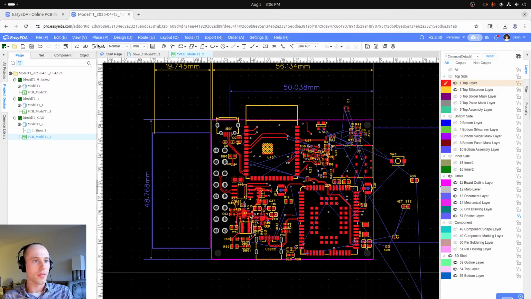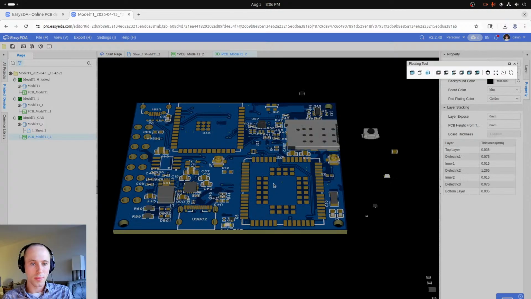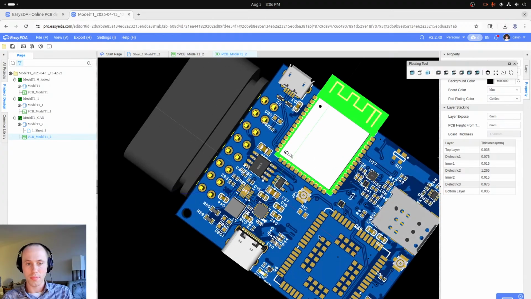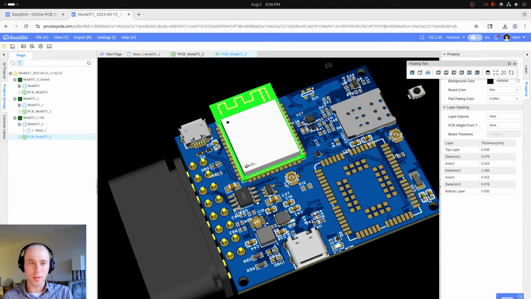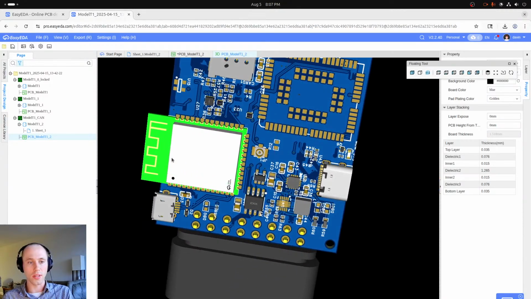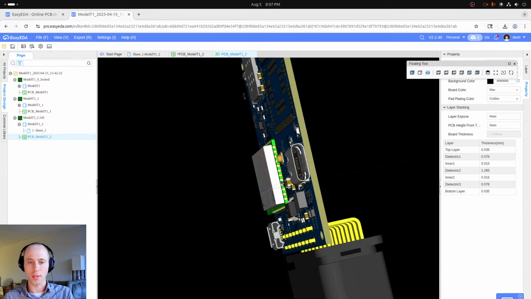All right, let's go to the 3D view. So the first thing that I see is that probably this antenna portion has to come in. Like it has to be fully on board. It can't be hanging out here. So what is this connector?